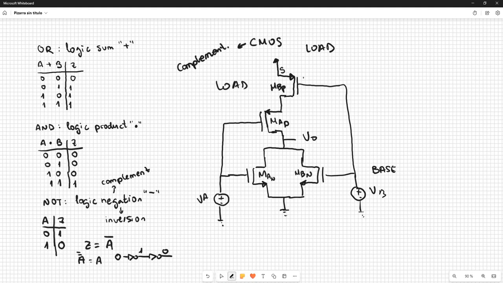This is the source, the gate, the drain, the source, the gate, the drain, and here we have the drain, the gate, the source, the drain, the gate, the source, and they are on opposite sides when comparing the PMOS with the NMOS, because we saw that we have to invert the voltages in one case with respect to the other. So now we can build the same table as before, but now we have 4 transistors.